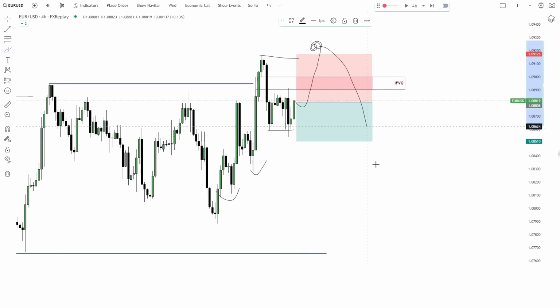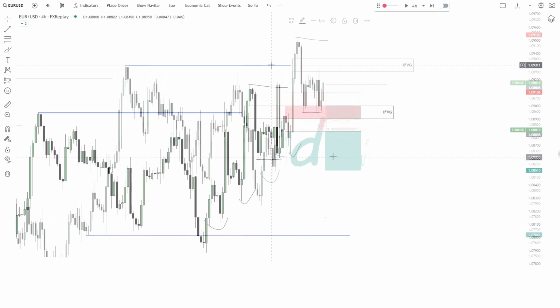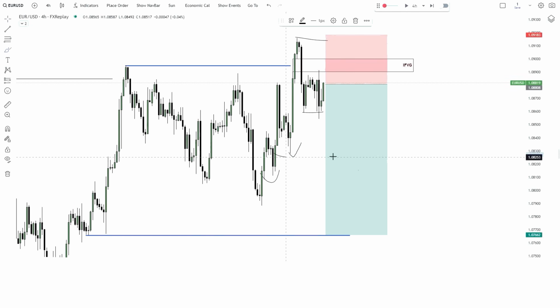I made the decision to enter the position, because I like this situation's potential. The first targets that may come into play are this liquidity here, and the main liquidity located at the low of the large weekly bullish candle.